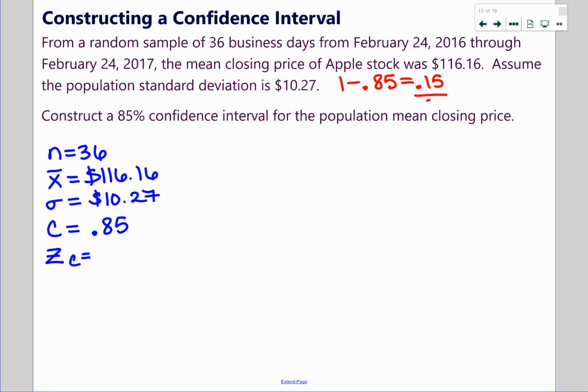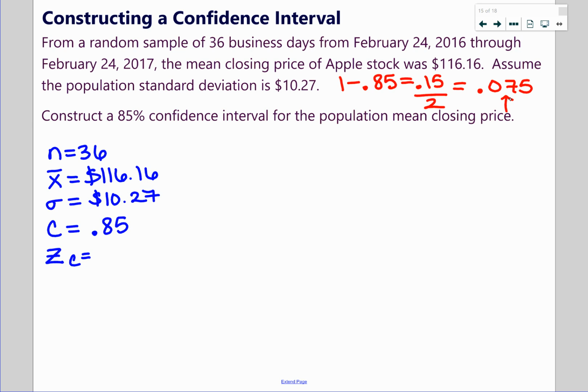If you divide that by 2, you get 0.075. That's the value that you can search for in your table to find the critical value, the Z-score. So find in your table the Z-score that has an area to the left of 0.075, so it's going to be on the negative side. And we're going to find the value that's the closest to it that we can get.